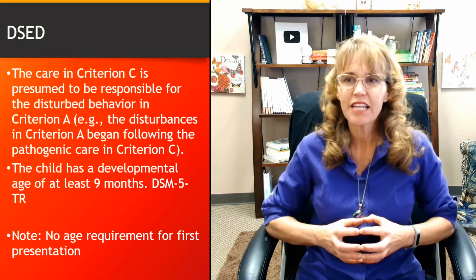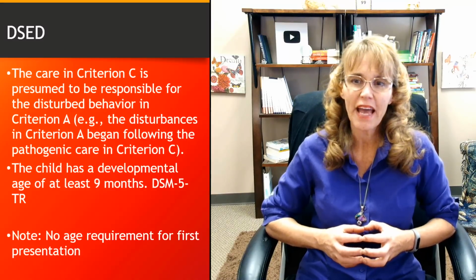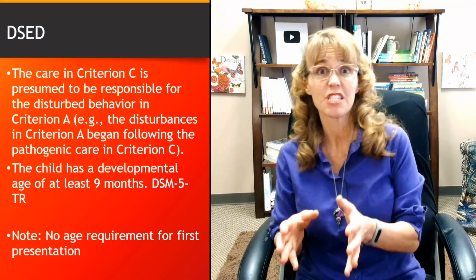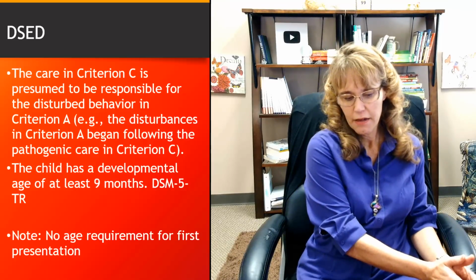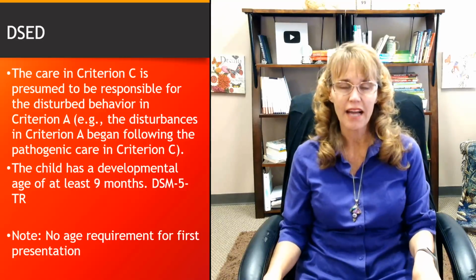The neglect in criterion C is presumed to be responsible for the disturbed behavior in criterion A. So the neglect is presumed to be responsible for the behavior. We want to see the behavior following the neglect.